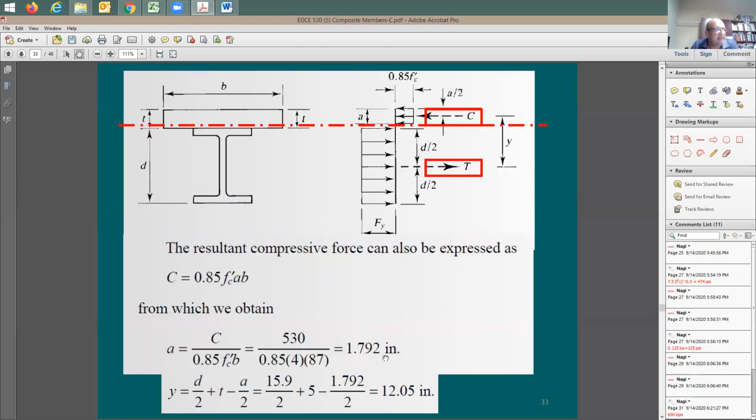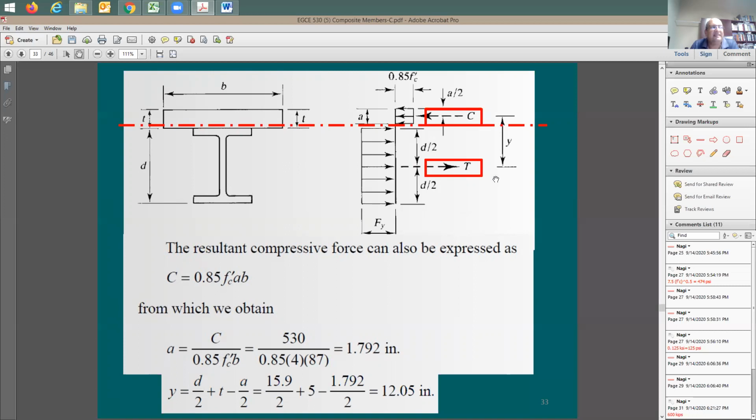You set compression in the concrete equal to the tension in the steel. So C equals T, 530 kips, divided by 0.85, divided by 4 KSI, divided by 87, which is the flange width. Now you get a, the compression block depth, exactly as in concrete design. The compression block depth here is equal to 1.792.